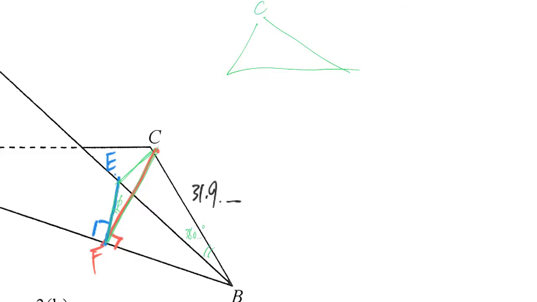This is C, this is B, and this is E. This is 38.0 degrees. This is 31.9 something cm. Our target is finding EC. With EC, we can use the cosine formula to find our target angle phi. But we're still missing EB here.